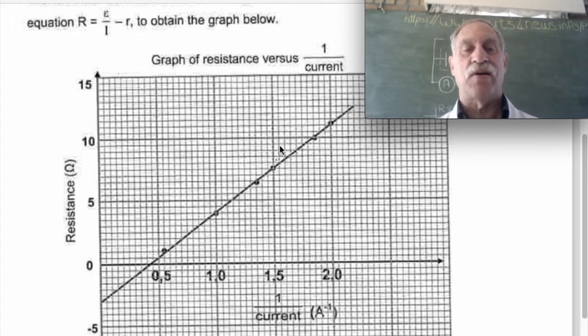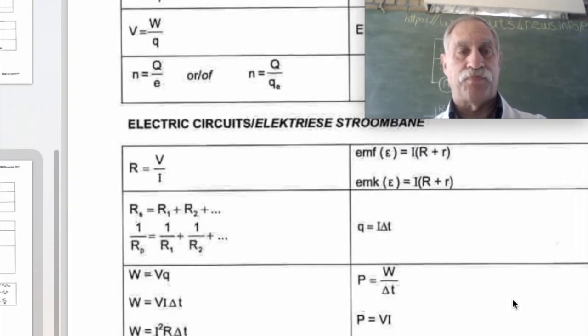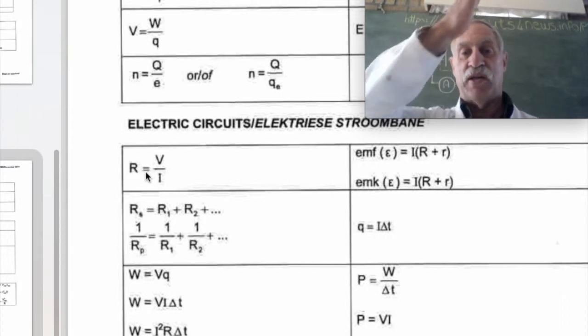Why 1 upon current? Well, if you've seen enough of these problems, I just want to show you Ohm's law. Resistance equals volts upon amps. What do you see about the relationship between resistance and amps? It is an inverse relationship, and when you draw an inverse relationship graph, it is going to be a hyperbola.